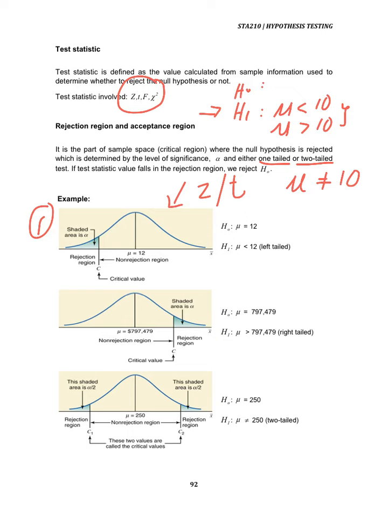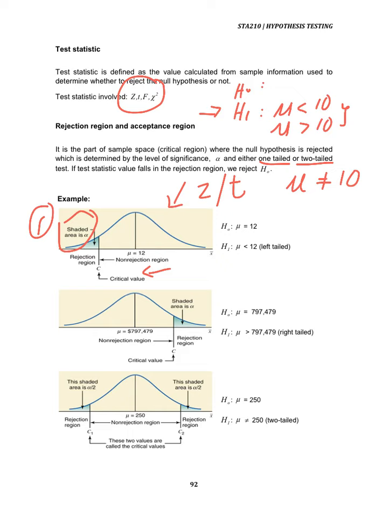So macam mana kita nak decide kita punya rejection region and acceptance region adalah dia bergantung kepada value alpha kita nantilah. Alpha tu biasanya 5%, 1%, 2%. Dia akan state dekat dalam soalan. Okay, so based on this bell shape, kalau left tail, kita akan tengok di sebelah kiri, ya. So this we call it as rejection region. So biasanya kita punya critical value tu nanti adalah value dia negatif. That's why kita akan tengok belah kiri.